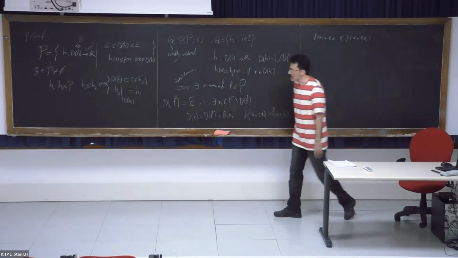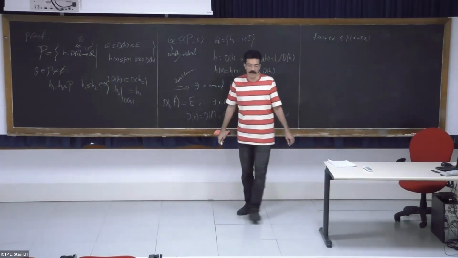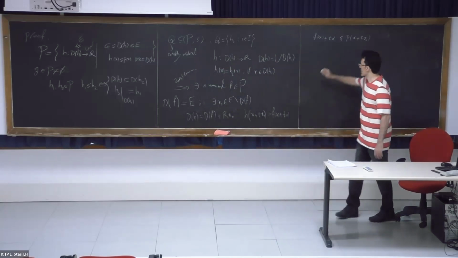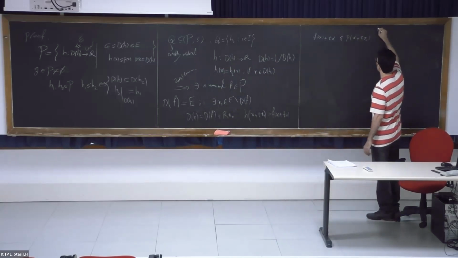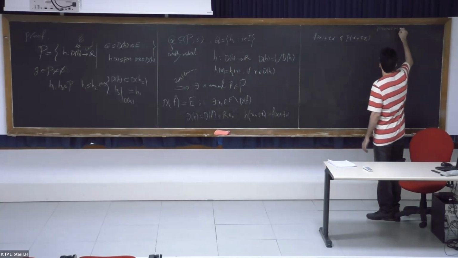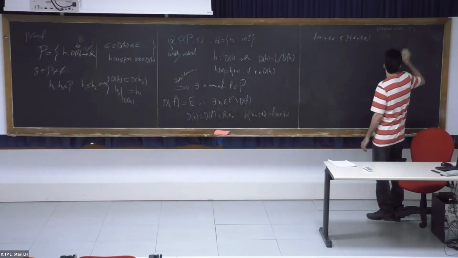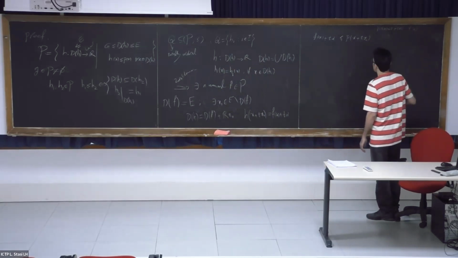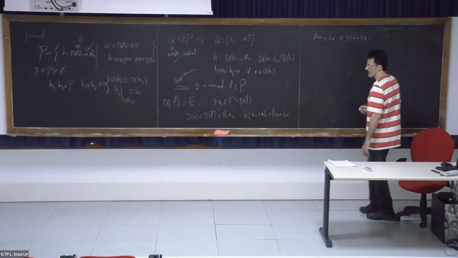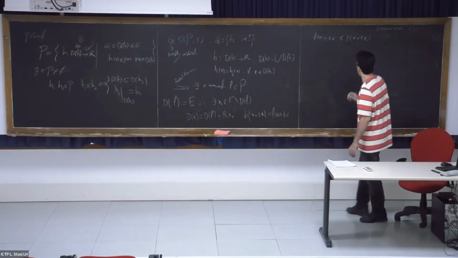And by the first property of P, we know that p of t x equals t multiplied by p of x for strictly positive t.